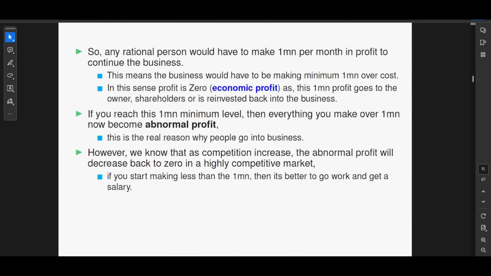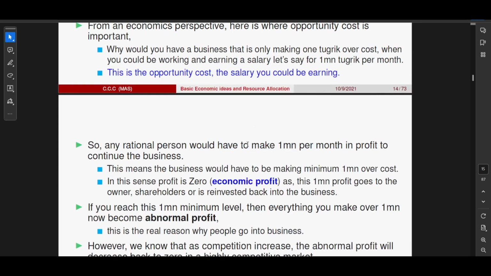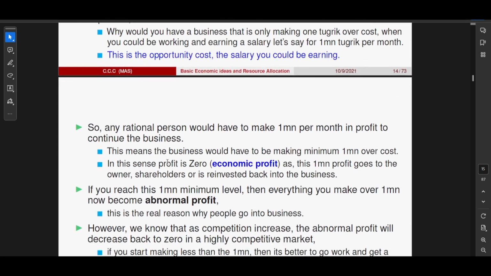So any rational person would have taken 1 million per month in profit to continue the business. If a job is paying you 1 million, you have to be making 1 million in profit to continue doing the business, or you would stop. This means the business would have to make a minimum of 1 million over cost. In this sense, economic profit is zero, as this 1 million profit goes to the owner, the shareholder, or is reinvested back in the business.